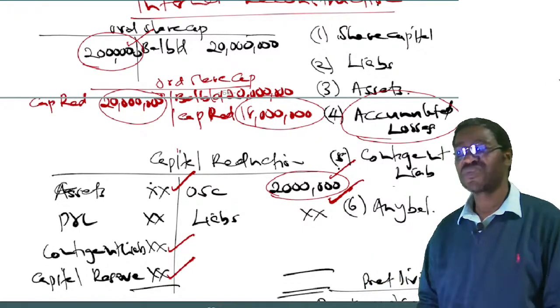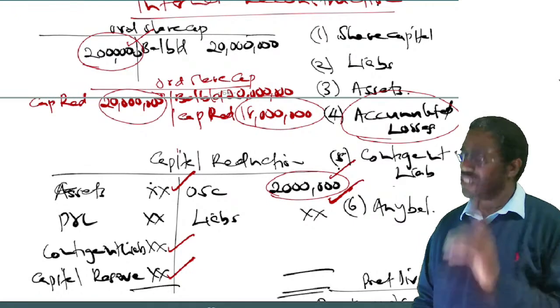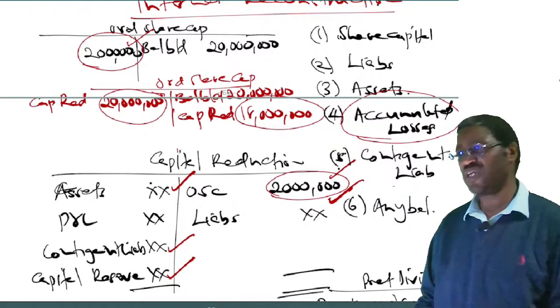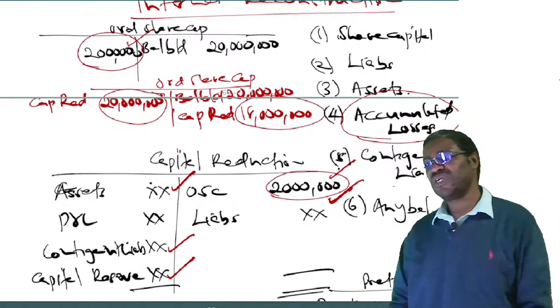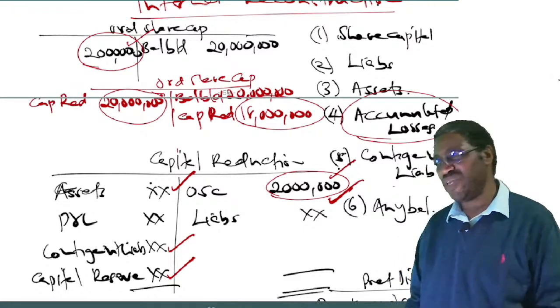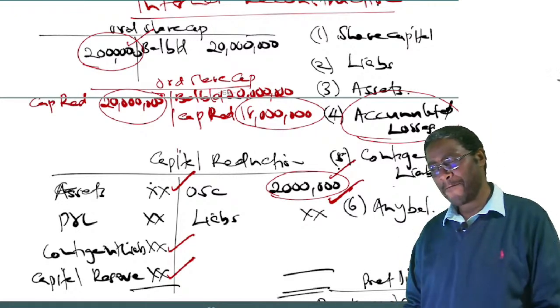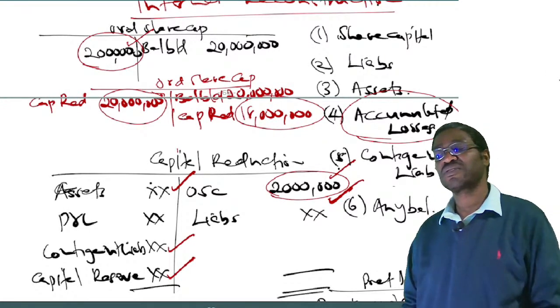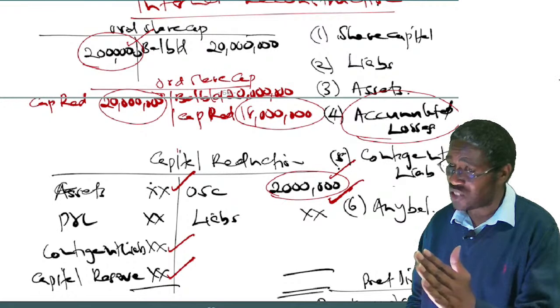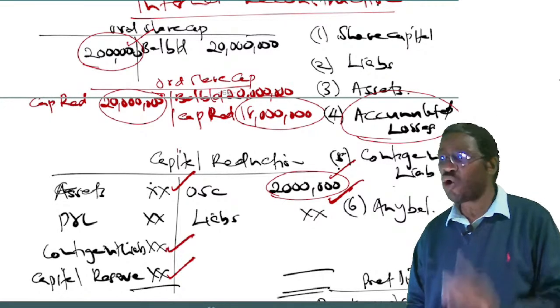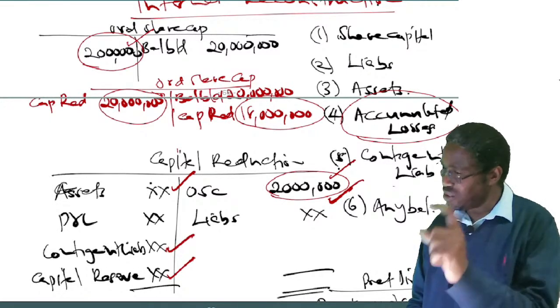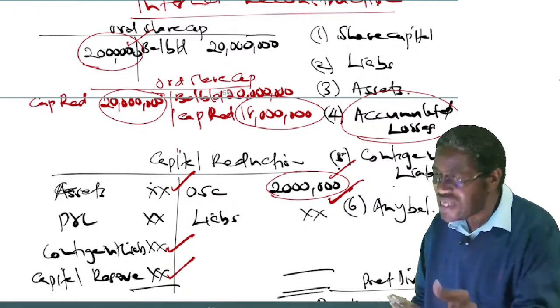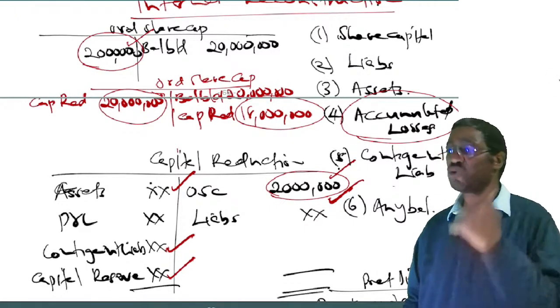Good. Now, number 4. Let me jump to number 5 first. Number 5. With any contingent liability arising, we said you have to crystallize it by debiting capital reduction and crediting that contingent liability. In other words, make it a liability in the books from now.